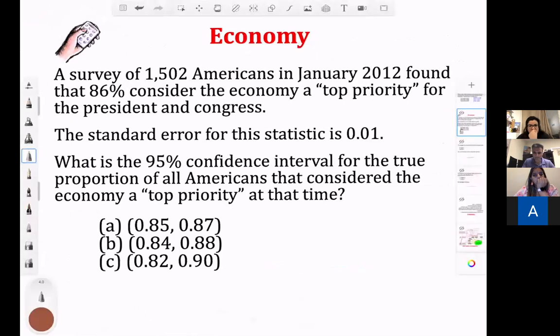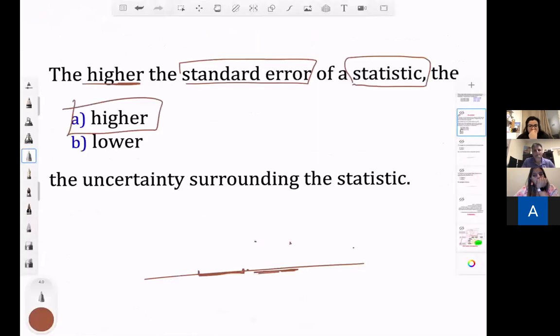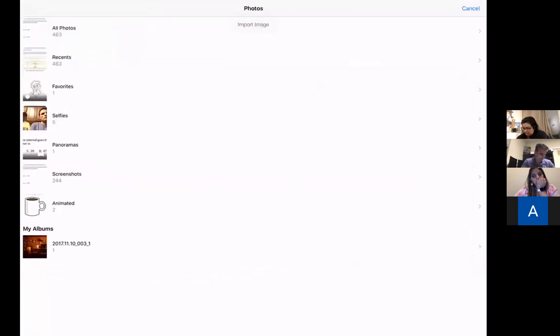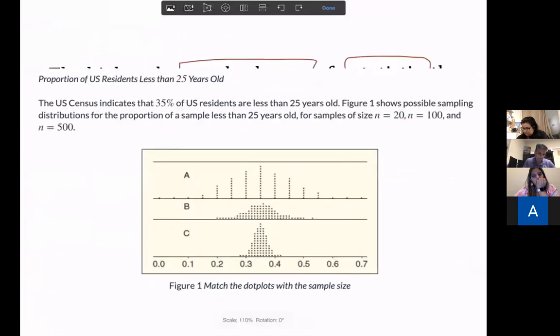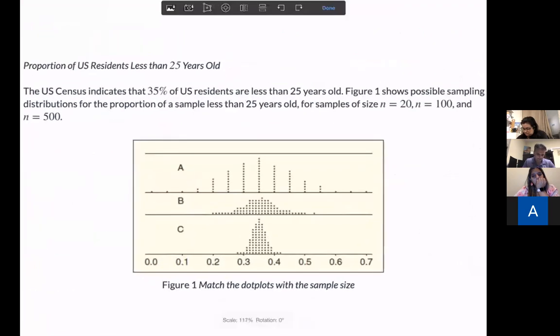Should I go back? Yeah, for a bit. Picture in your mind how the standard error relates to the statistic being certain. Okay, that makes sense: the higher the uncertainty. This is a standard error, for example.